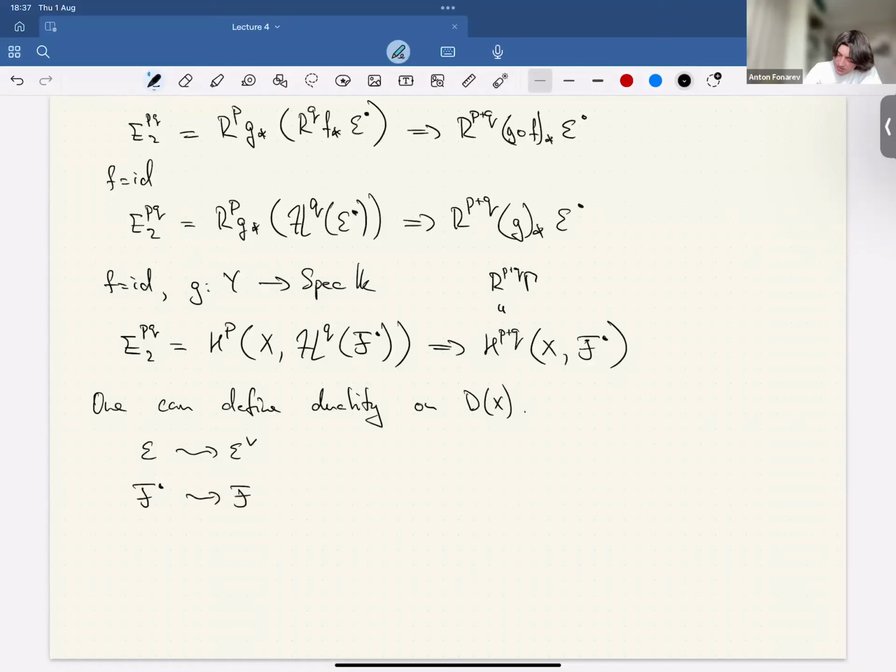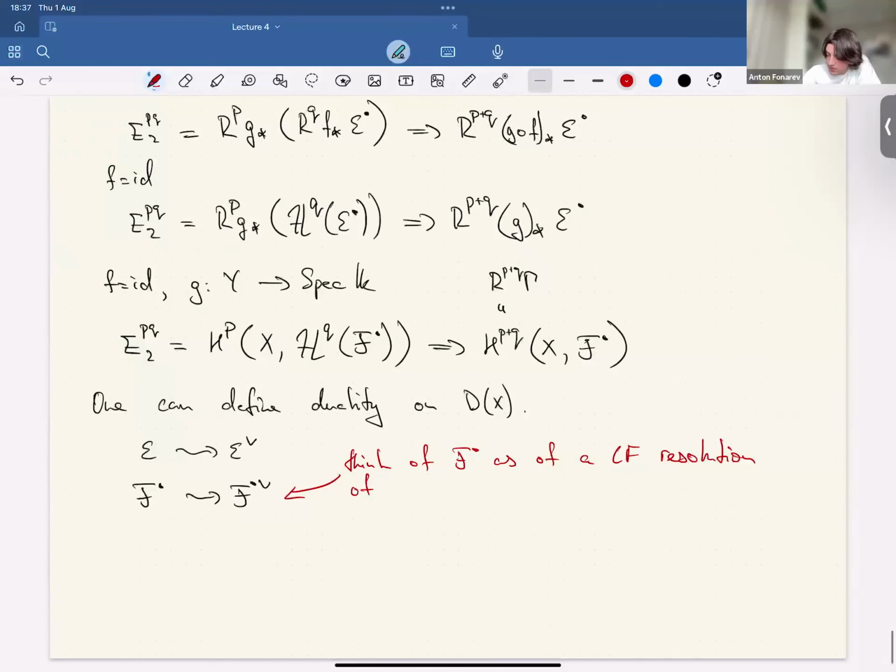And again, the idea is that it's just a way of packing down nice information. So here, think of F as a locally free resolution of a quasi-coherent sheaf, well, of a coherent sheaf.